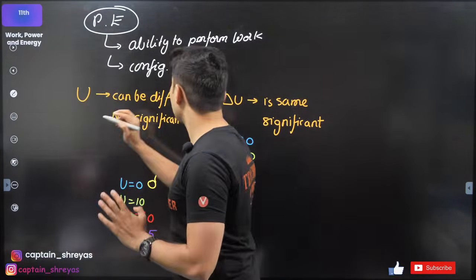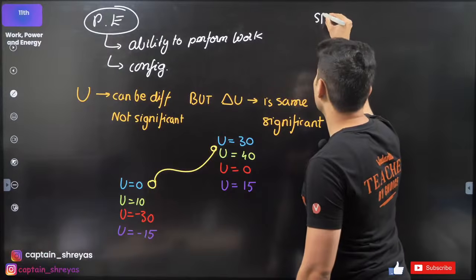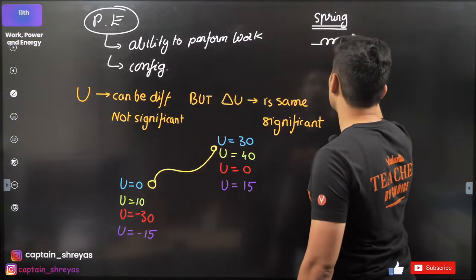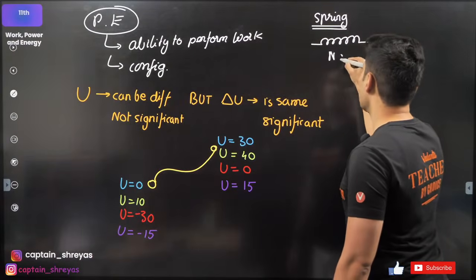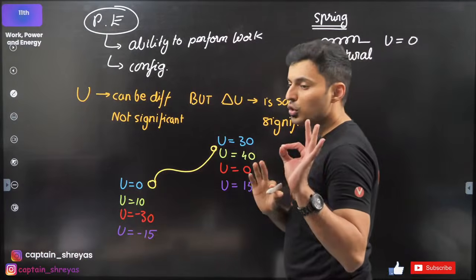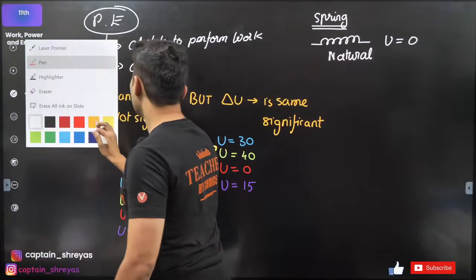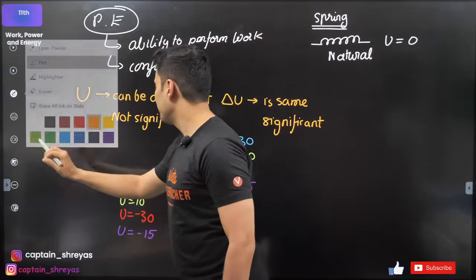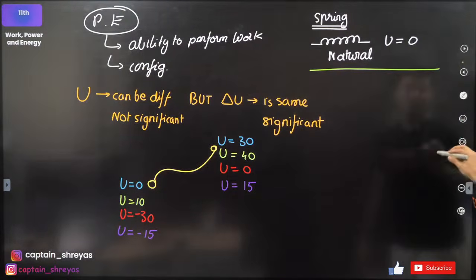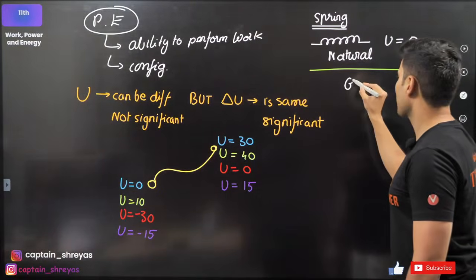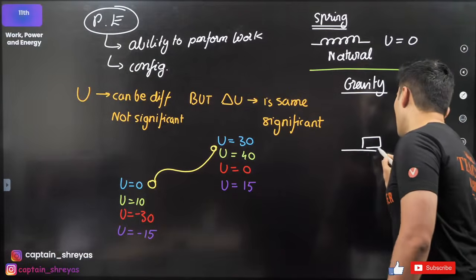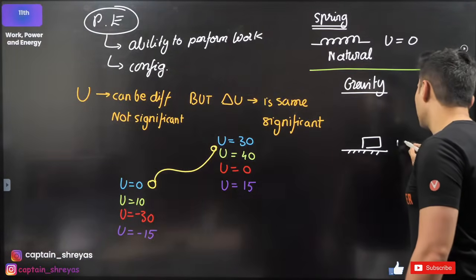Usually in case of a spring, you take the natural length. When it is at natural length, you take the potential energy as 0. Similarly, in case of gravity, you usually take the ground level or some level as 0 potential energy.